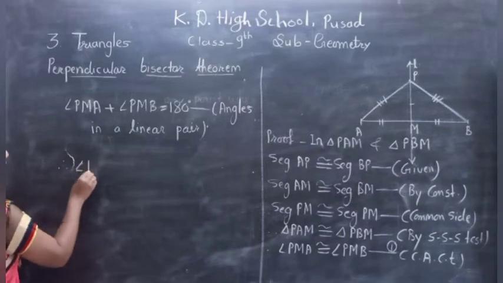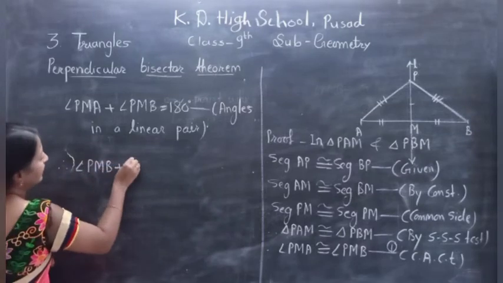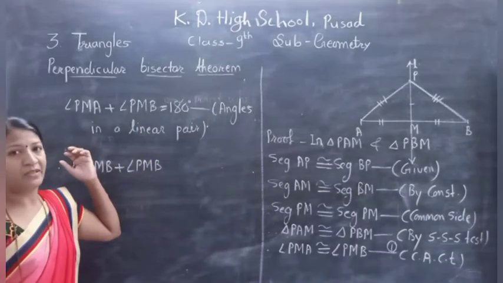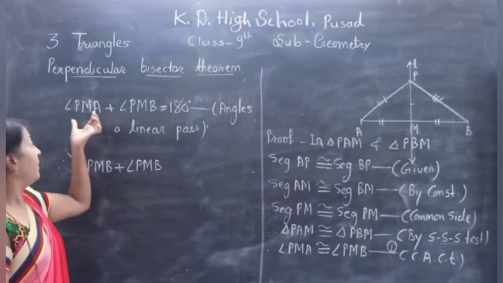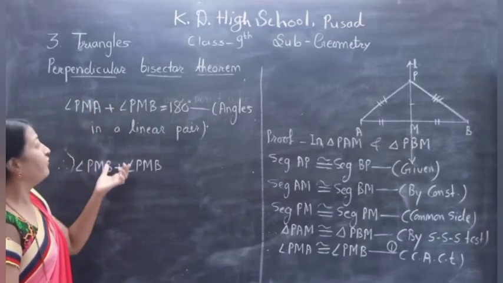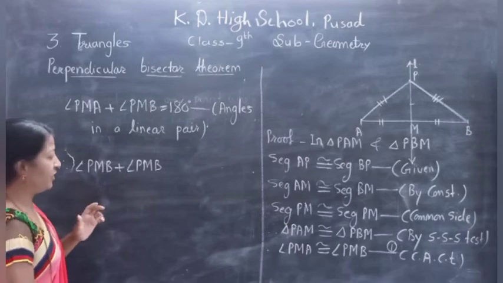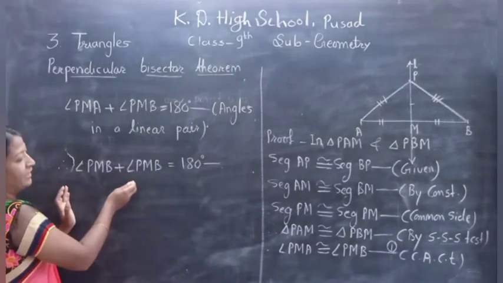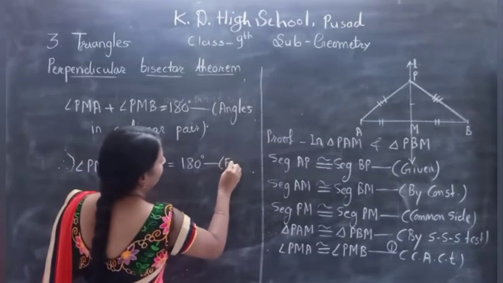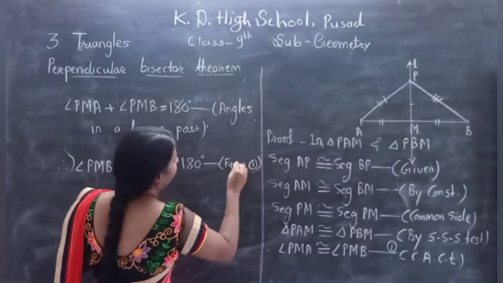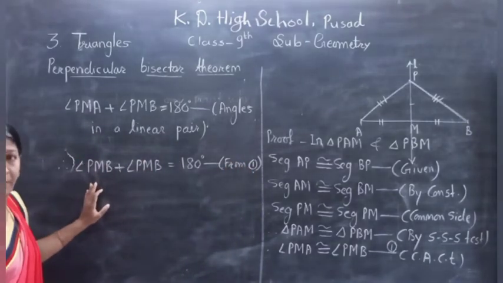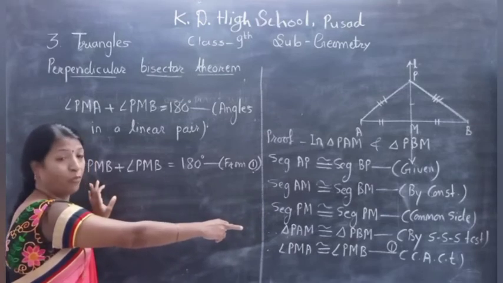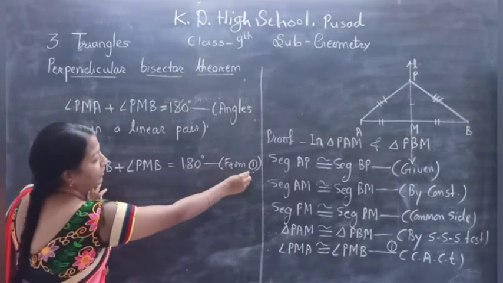Therefore angle PMB plus angle PMB, replacing either one of the angles, either PMA or PMB. Here we replaced PMA with PMB, or you can replace PMB with PMA. It is equal to 180. So we use this statement from equation 1. So from 1, we used PMB instead of PMA; from which statement did we use it? Equation 1, statement number 1. So here put the reason from equation 1.